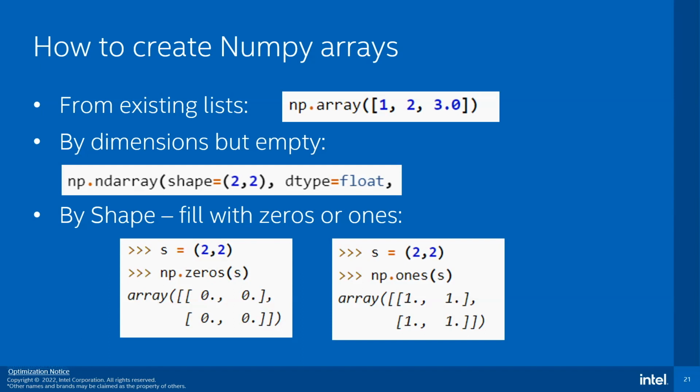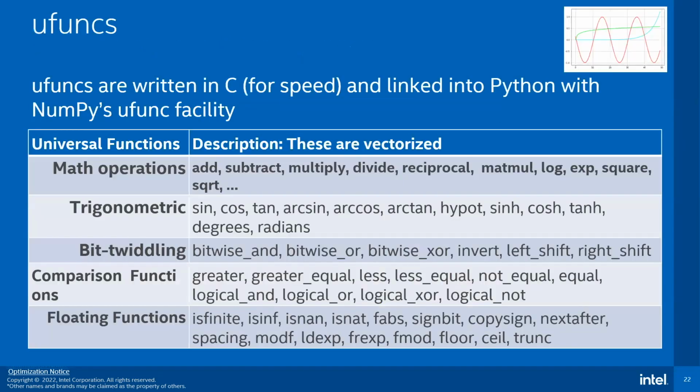You can specify the type, float, int, whatever you want, int16, 32, whatever you want to do. Or you can fill it with stuff. You can put in zeros or ones just automatically. So this is just how you create them, and I'm sure most of you are familiar with those and probably use those. Some of you may use ufuncs, but many of you may not.